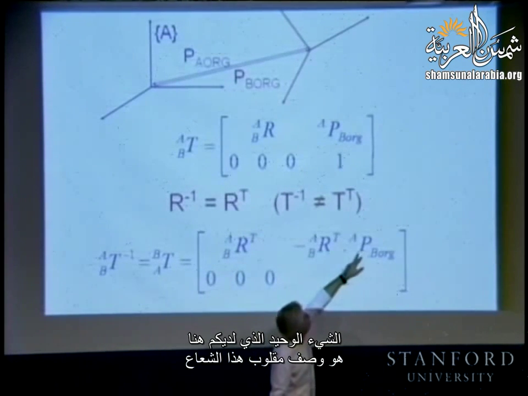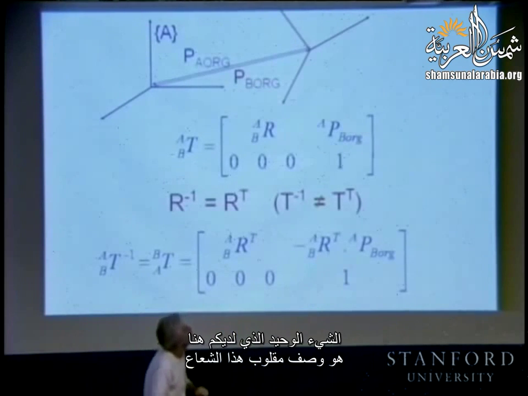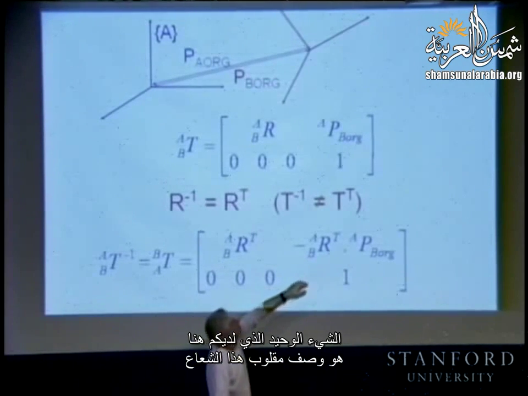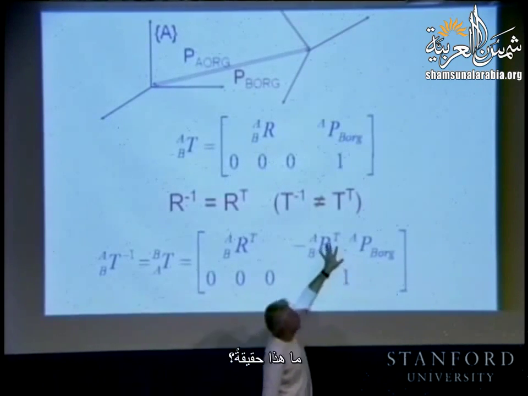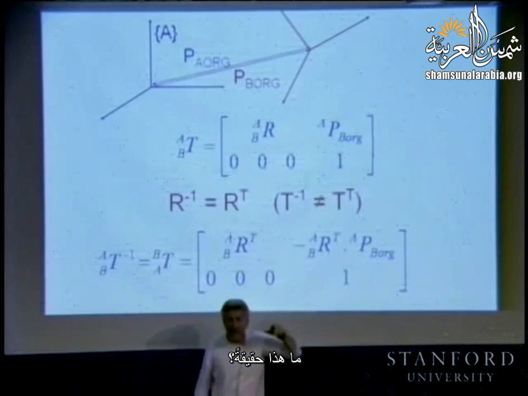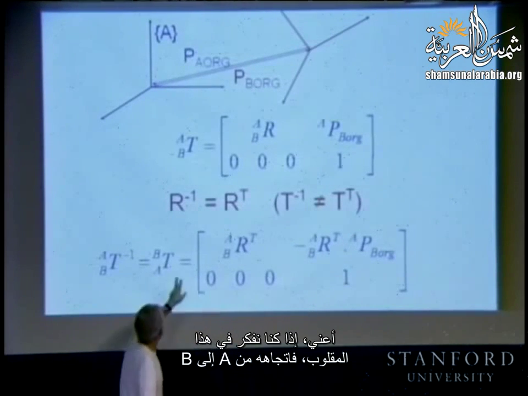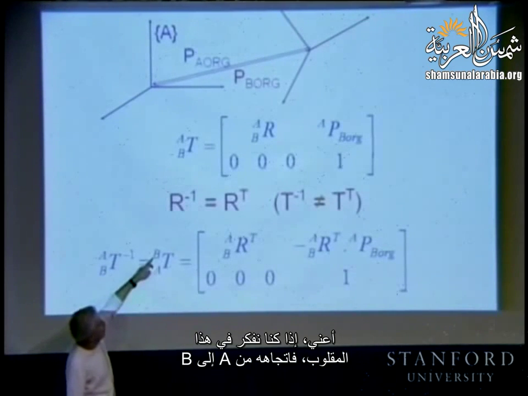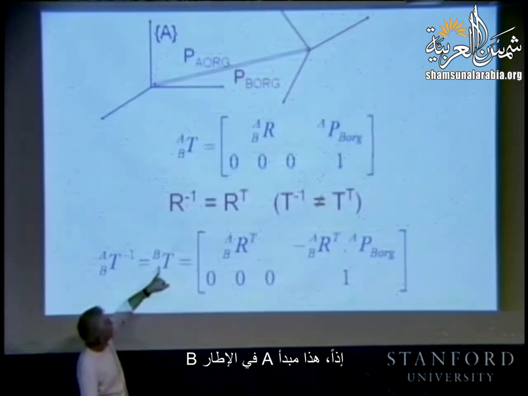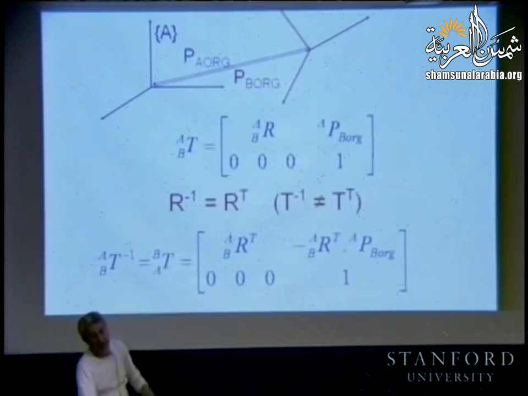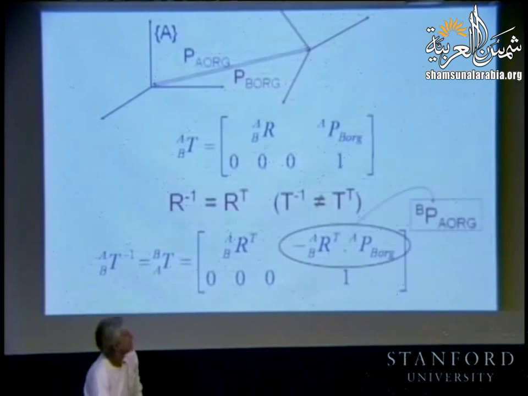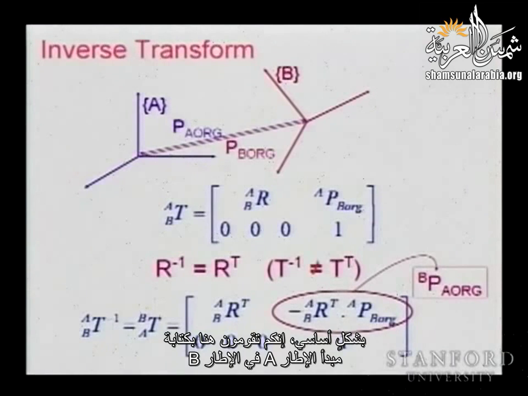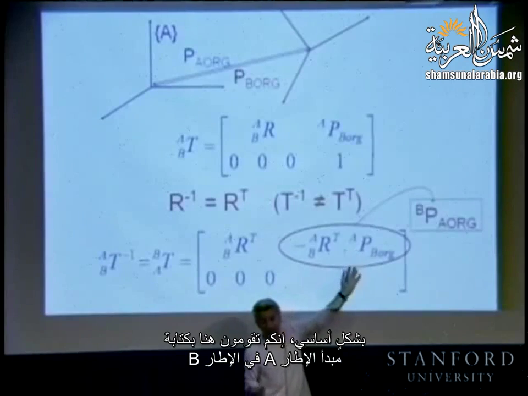The only thing you have here is the description of the inverse of this vector. What is this actually? If we were thinking about this inverse, it is going from A to B. So this is the origin of A in frame B. So basically, you are just writing here the origin of frame A in B. That's it.